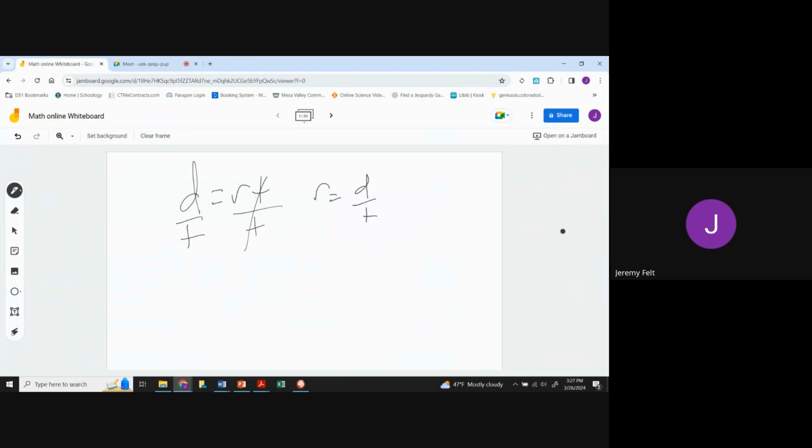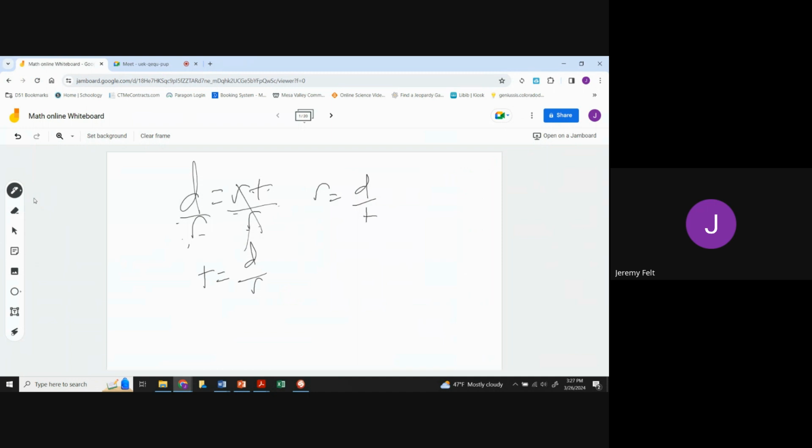If we want it in terms of time, we divide both sides by r and get t equals distance divided by rate. So time equals the distance divided by the rate.